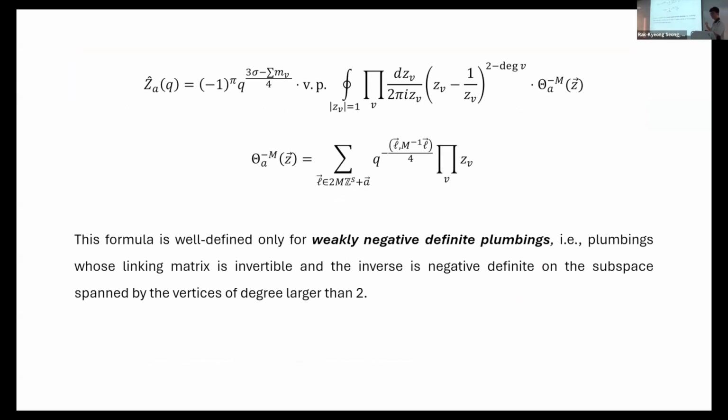I will not explain in detail, but what I want to stress is that this Z-hat invariant formula is well defined only for weakly negative definite plumbings, which means plumbings whose linking matrix is invertible, and this inverse matrix is negative definite on the subspace corresponding to the vertices of degree larger than 2.